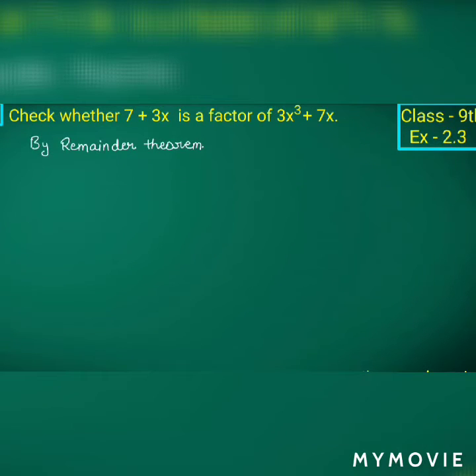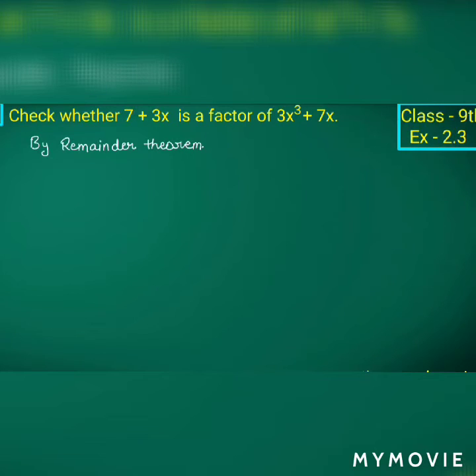So the next problem is, check whether 7 plus 3x is a factor of 3x cube plus 7x. By the remainder theorem, g of x should be equal to 0. You already know what to take as g of x and what to take as p of x, isn't it?